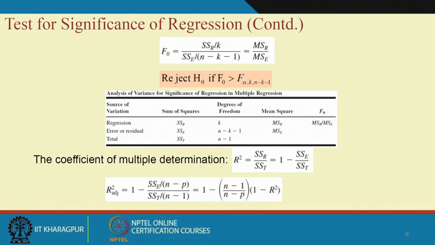The overall F test says whether at least one of the regression coefficients is contributing or not. If none of the regression coefficients is significant, or none of the x variables are contributing, then H0 will be accepted and there is no influence.